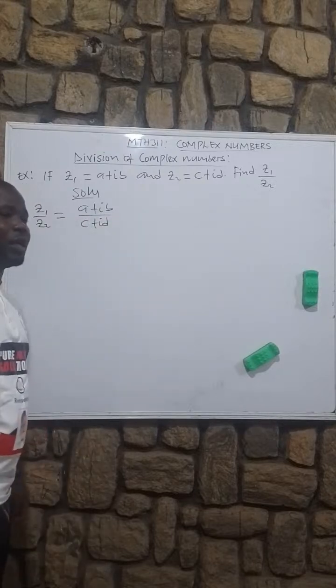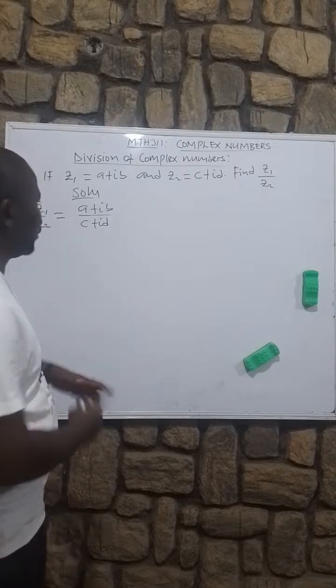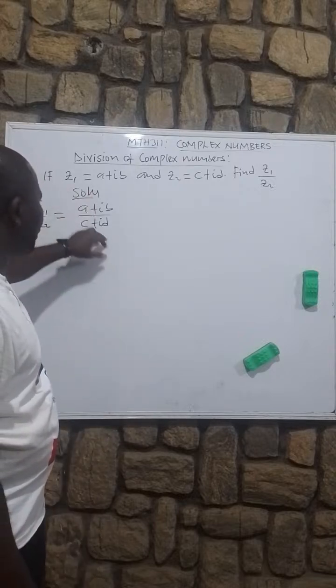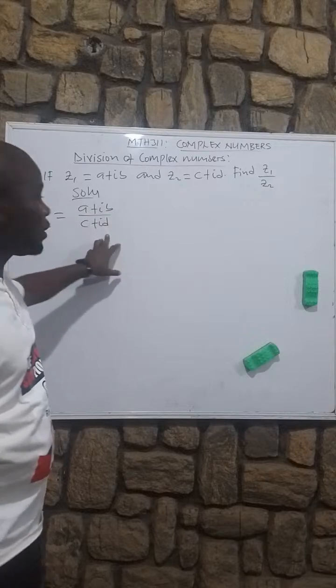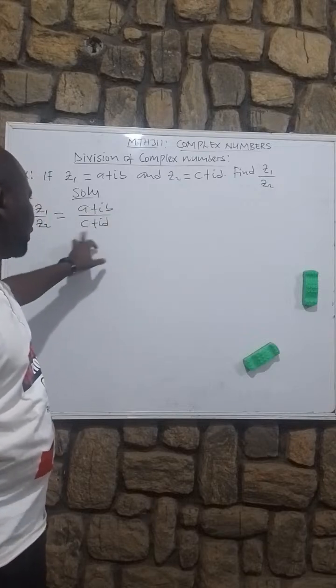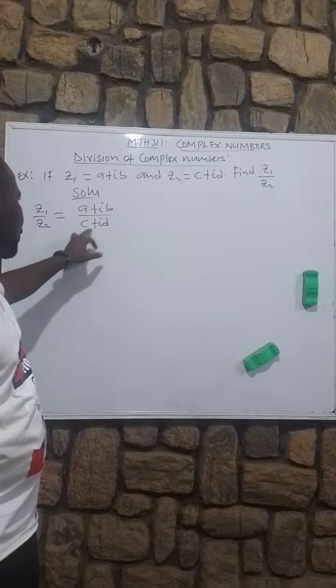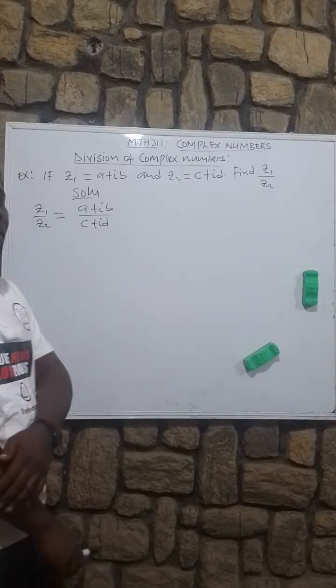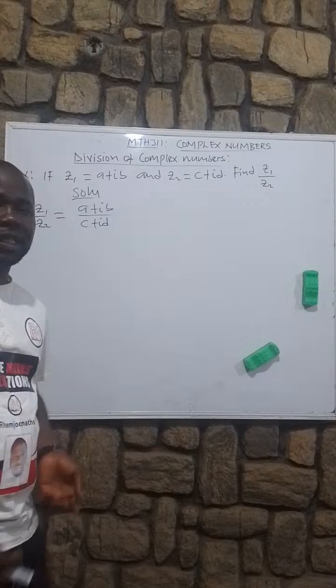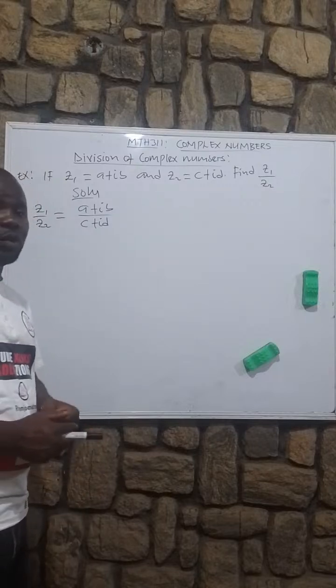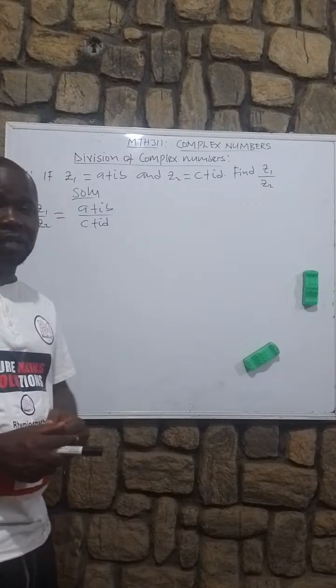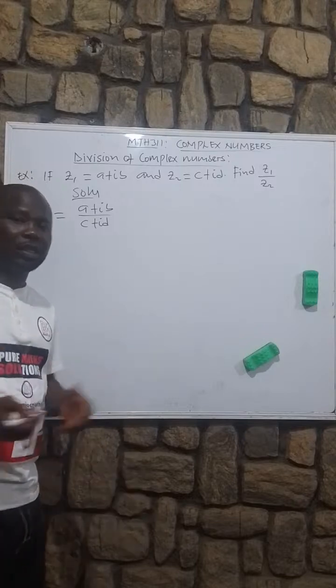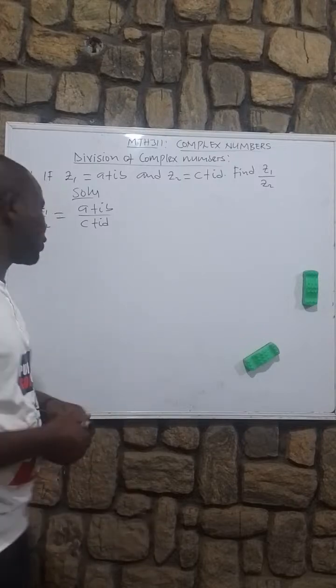So when you come across something of this form in complex numbers, as long as the denominator is a complex number, you are going to do what is called conjugates. I hope you were taught in elementary algebra how to conjugate a given expression.